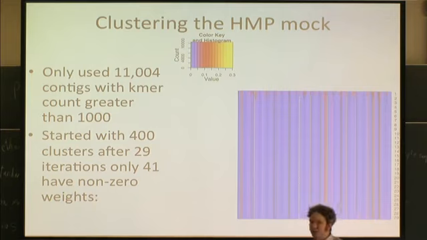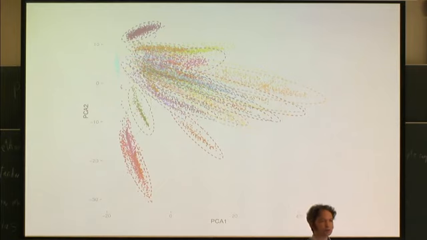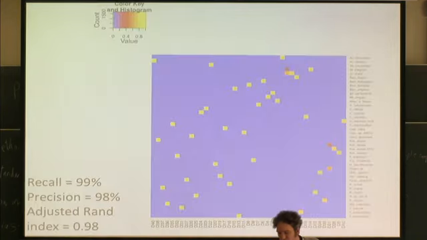I initialized the clusters with a k-means algorithm, but as you iterate the model, the majority of the clusters disappear, and you end up with exactly 41 clusters having non-zero weights. And this shows the clusters fit with the variational Bayesian approximation. You can see from that they're looking pretty good.